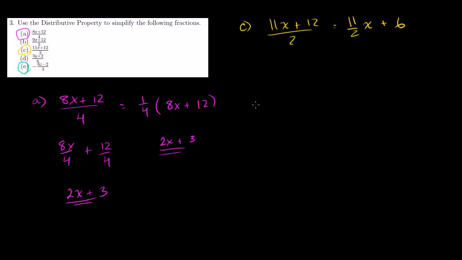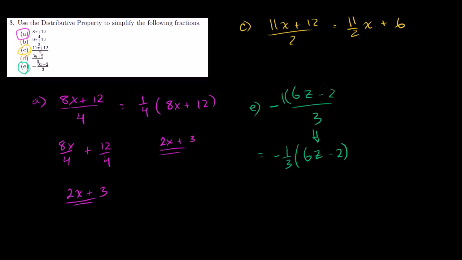E. E, this looks interesting. We have a negative out in front, and then we have a 6z minus 2 over 3. So one way we can view this, this is equal to negative 1/3 times 6z minus 2. These two things are equivalent. Right? This is just a negative 1/3.